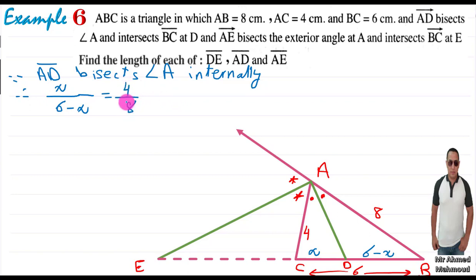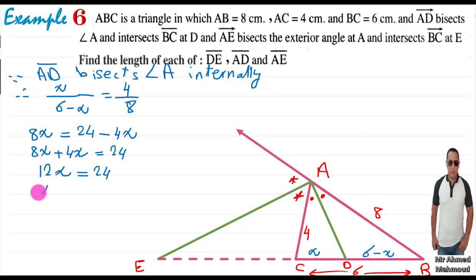By cross multiplication, 8X equals 4 times 6, which is 24, minus 4X. Sending the 4X to the left side, 8X plus 4X equals 24, so 12X equals 24, so X equals 2.